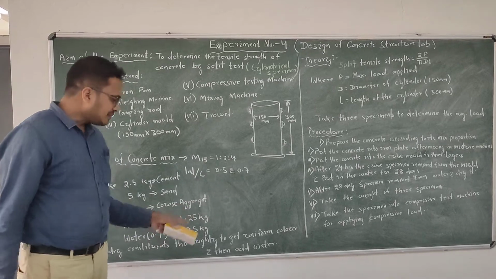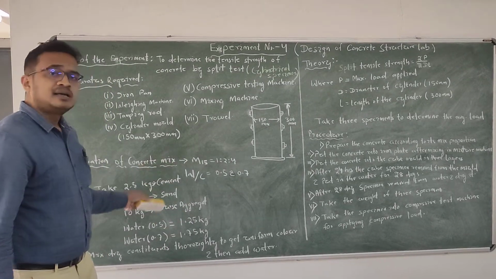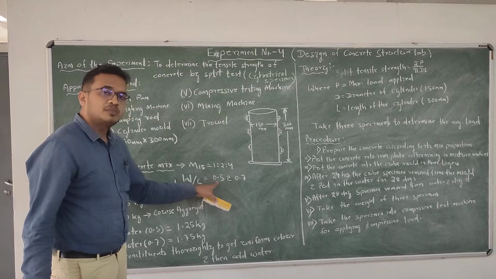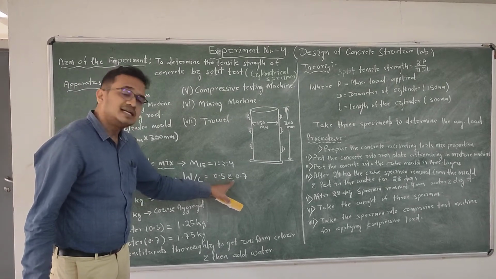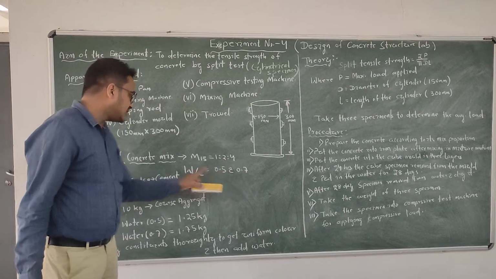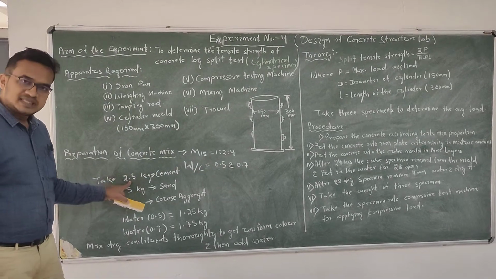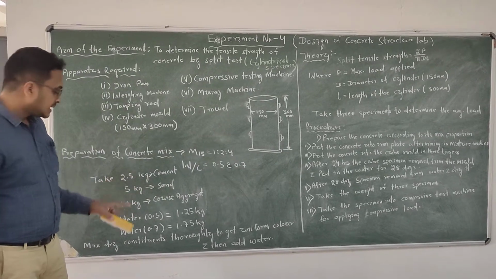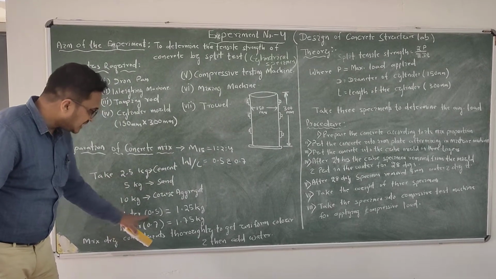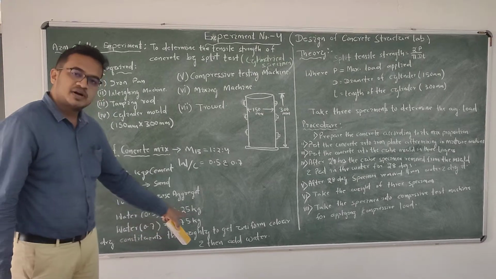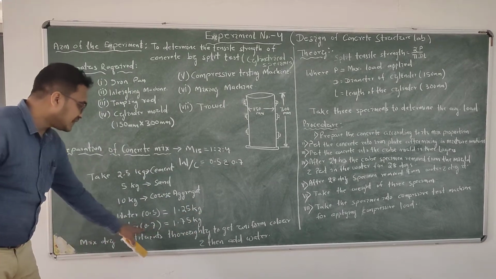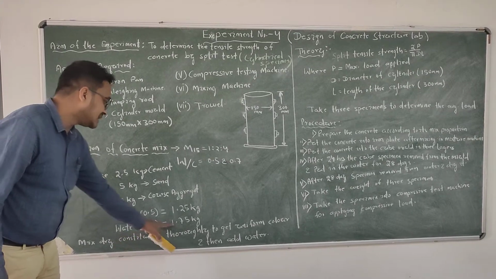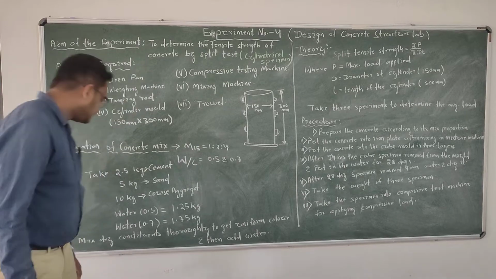We are mixing all these materials with a water cement ratio of 0.5 or 0.7, meaning 50% or 70% of cement weight. So for 0.5, water is 1.25 kg, and for 0.7, that is 70%, water is 1.75 kg.